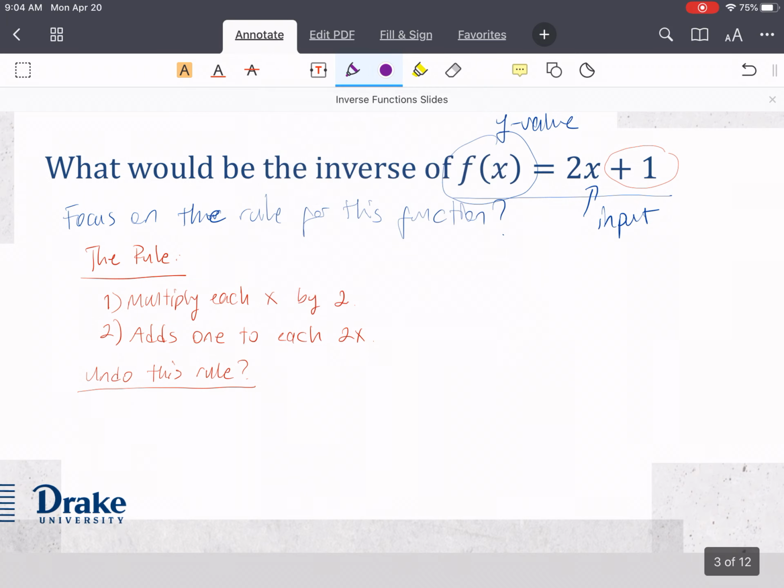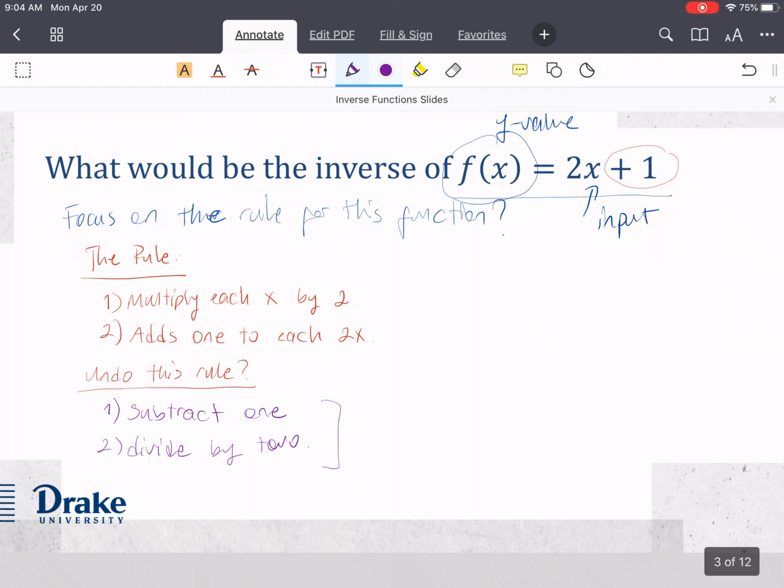So first, instead of adding 1 to each 2x, we need to subtract 1. And then instead of multiplying each x by 2, we need to divide by 2. So this two-step operation basically undoes the rule of this original function.